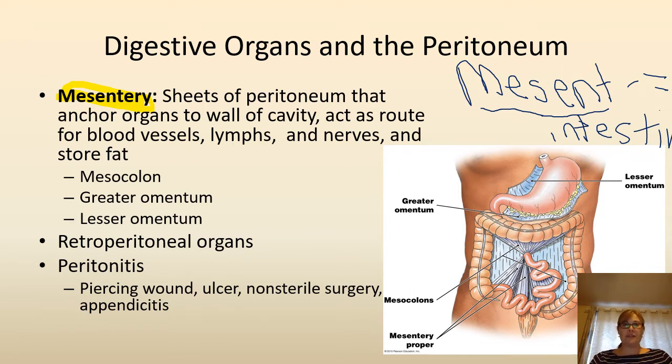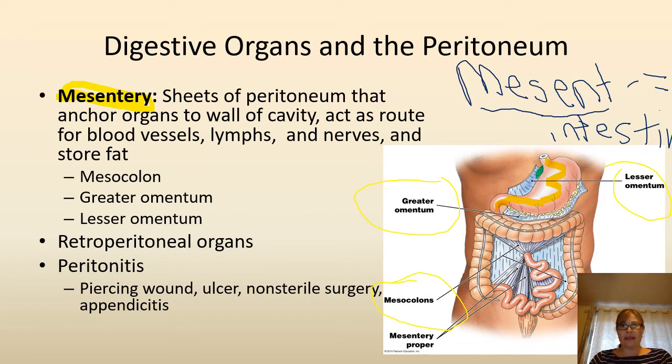So the types of mesentery that we have are going to be the mesocolons, and then the greater omentum and the lesser omentum. Let me highlight these in different colors for you. This organ right here is all stomach.